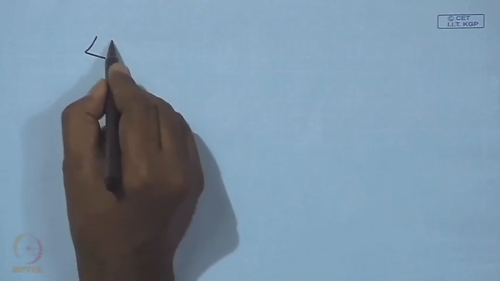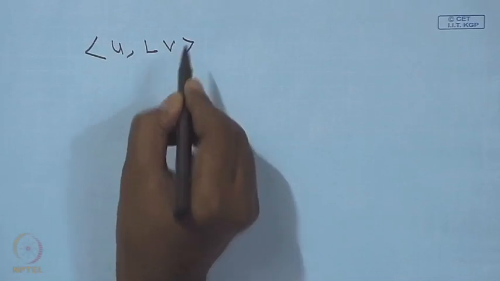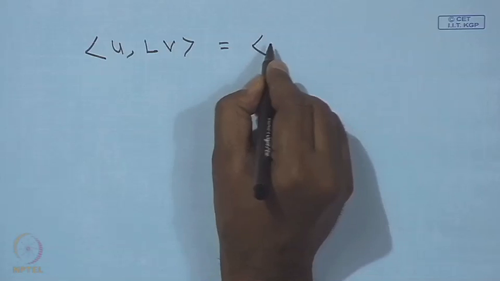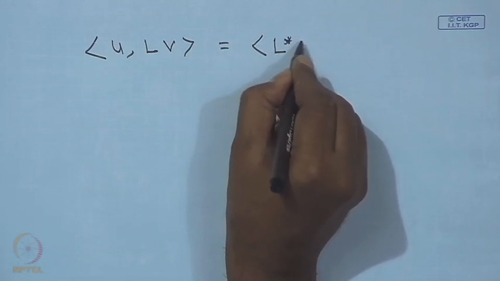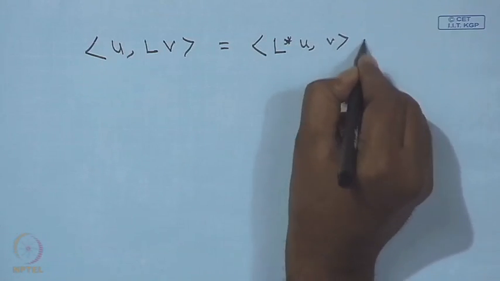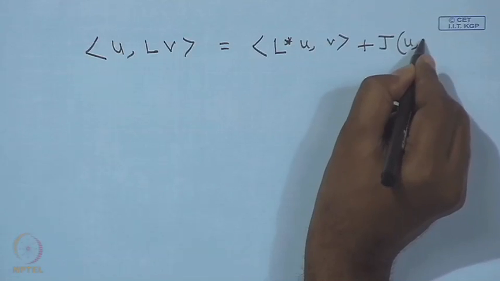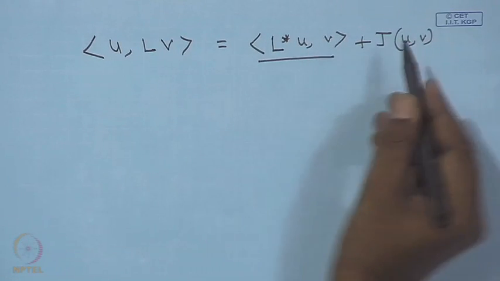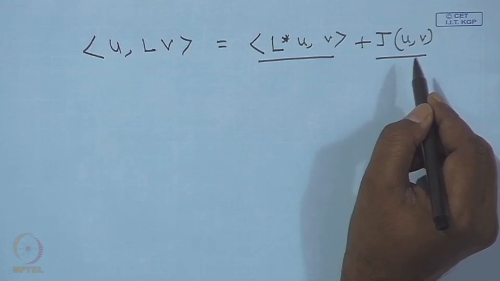Now, if you remember when we were looking into the adjoint operator, the inner product of u and L v is nothing but the inner product of L* u, v plus J(u, v). So, this is how we get the adjoint operator, and this is the bilinear concomitant.